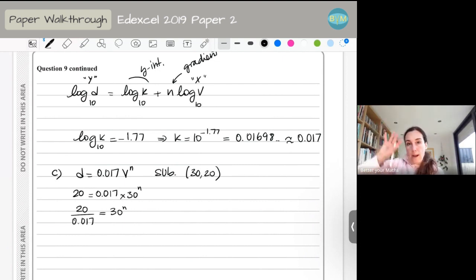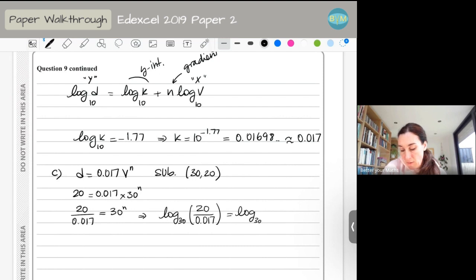You have your n in the exponent, and every time you have n in the exponent, you can take logs. You can take logs in any base, really. But I think the most helpful in this case is to take logs in base 30, because with the calculator, it doesn't matter. So if you take logs to the base 30, you have log to the base 30 of 20 over 0.017 is log to the base 30 of 30 to the power of n.